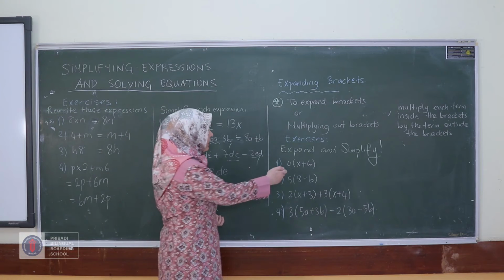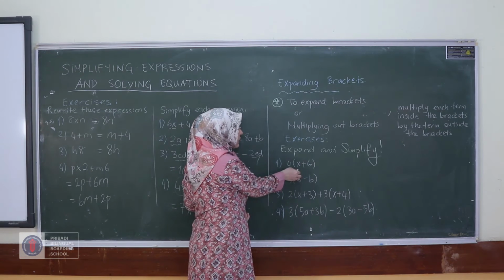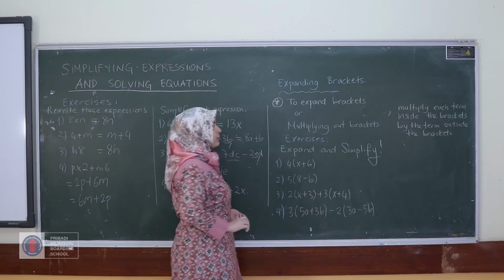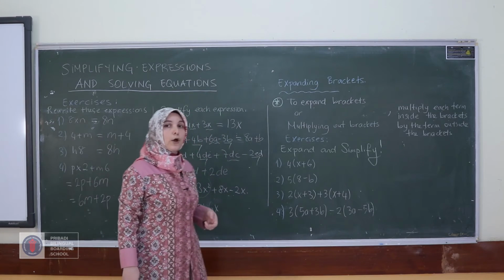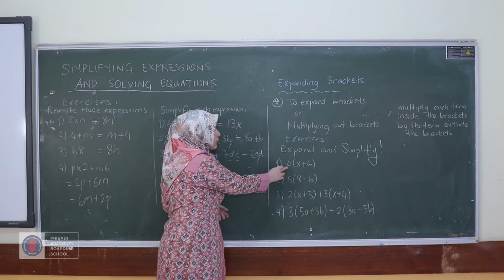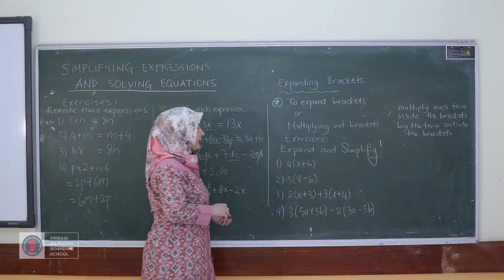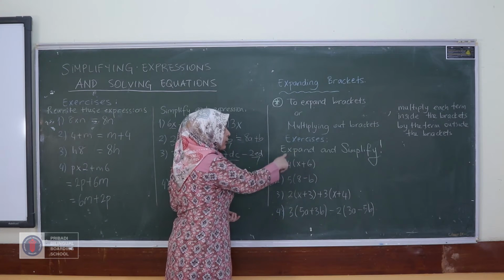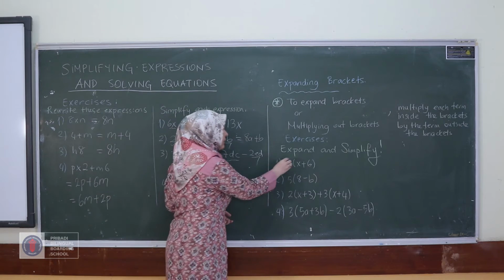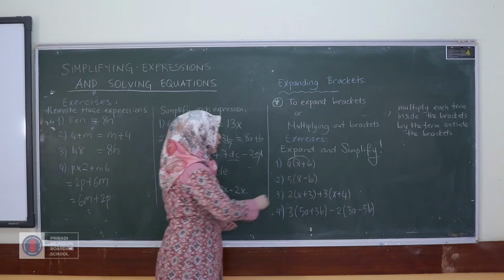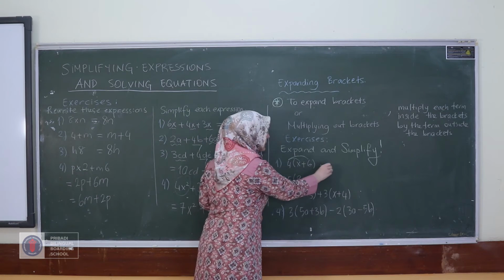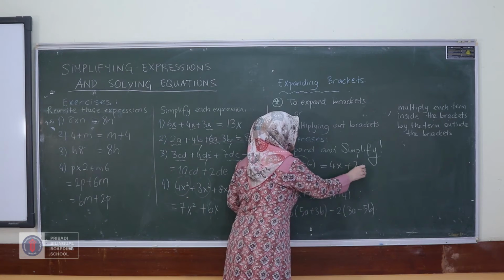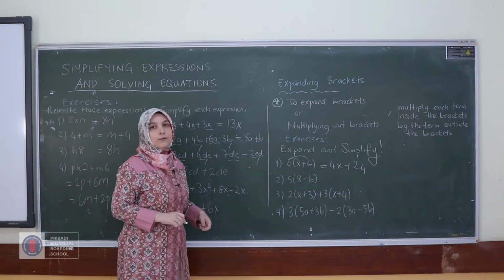For example, these are the terms inside the brackets, x and 6, right? The term outside the bracket is 4 here. So we will multiply each of x and 6 by 4 for this question. So 4 times x is 4x, 4 times 6 is 24. So it becomes 4x plus 24.